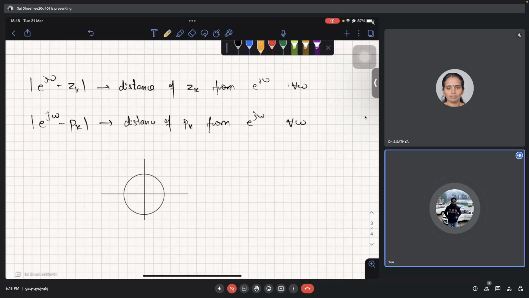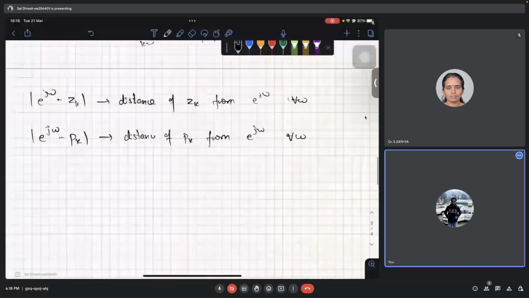So let's say we have a particular pole-zero plot, of this kind. Okay, let me just make this bigger. I'll just do it again.